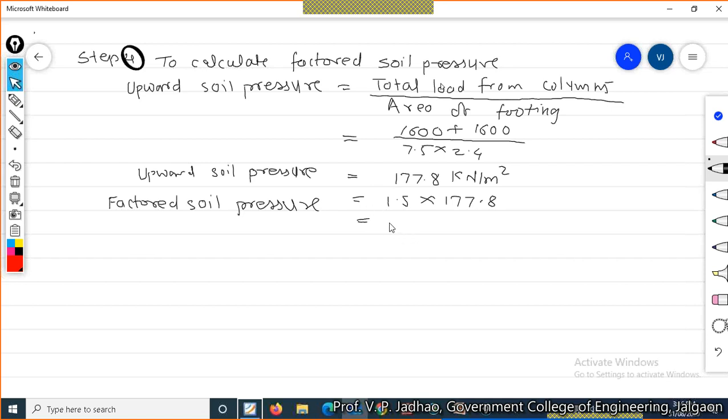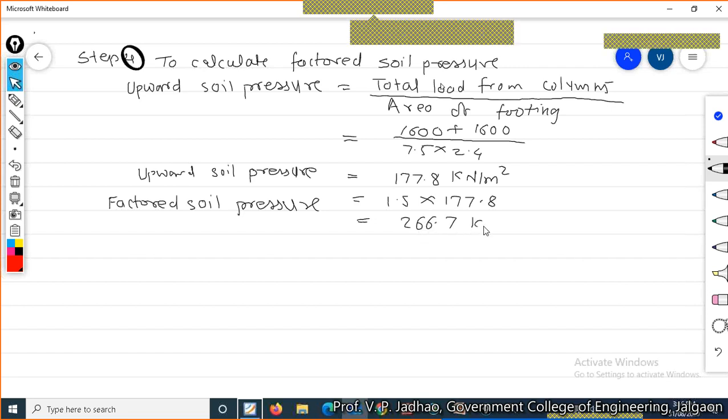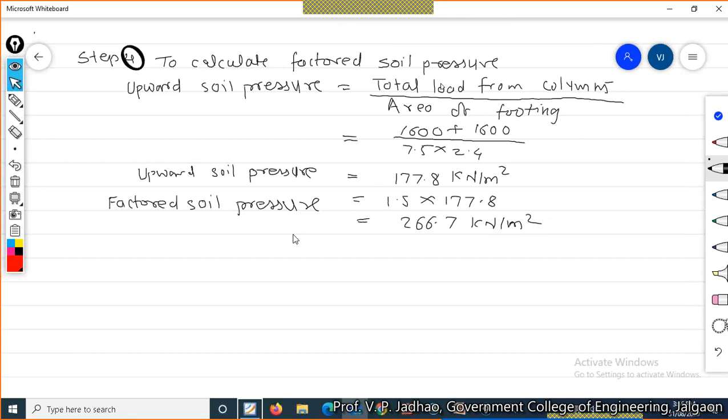How much will it be? It will be 266.7 kilonewton per meter square. So this is the factored soil pressure.